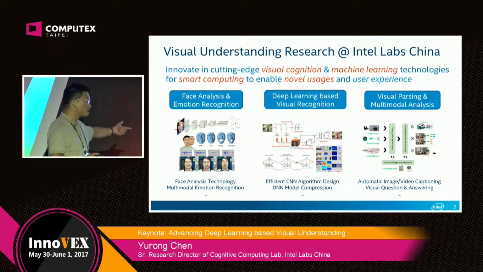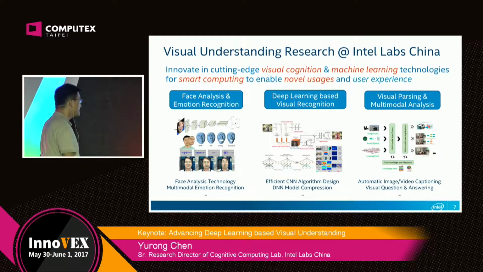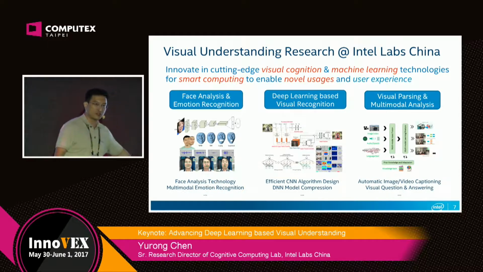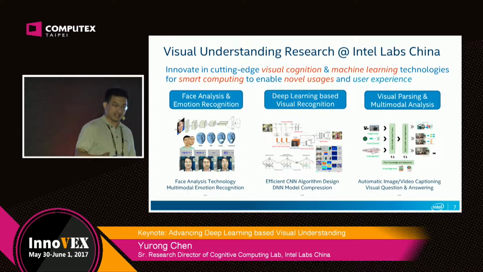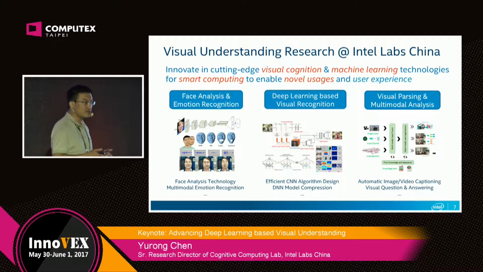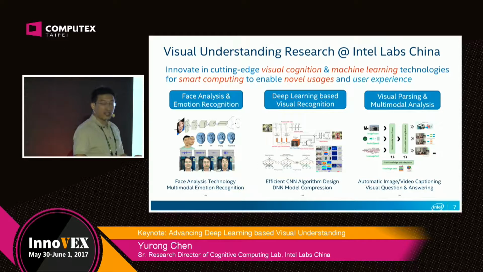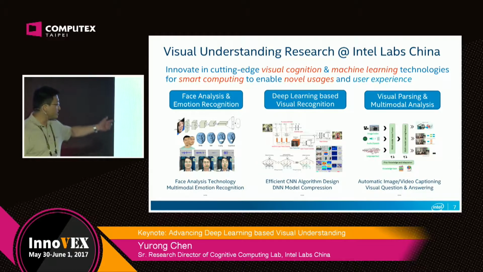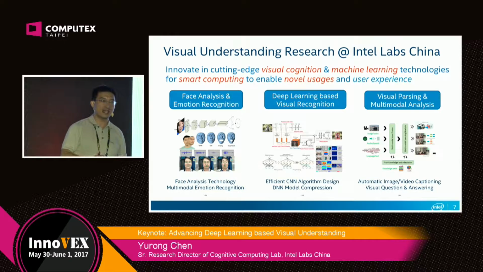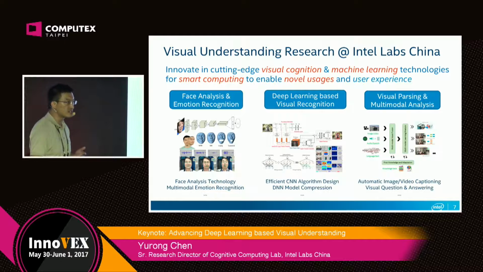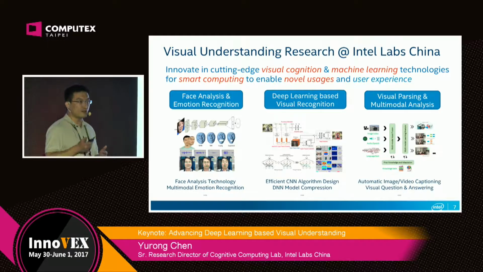We have 3 research projects for video recognition. The first is face analysis and emotion recognition, which aims to develop an advanced engine for 2D and 3D face analysis and emotion recognition. This engine can be widely used in smart places, virtual reality, augmented reality, mixed reality, automated driving, and robotics. The second project is deep learning-based video recognition. In this project, we are developing IPs for designing and training large and deep learning models for Intel hardware and software, and video recognition and understanding solution design.